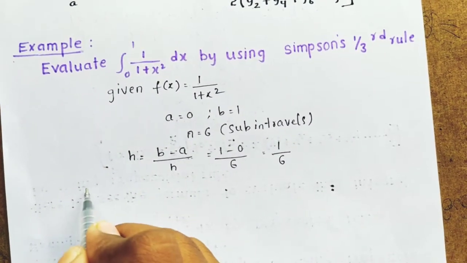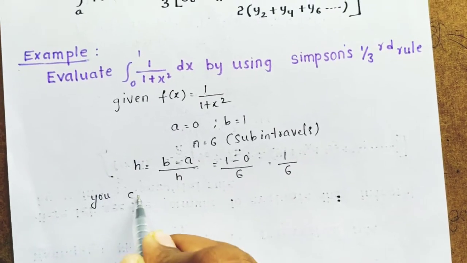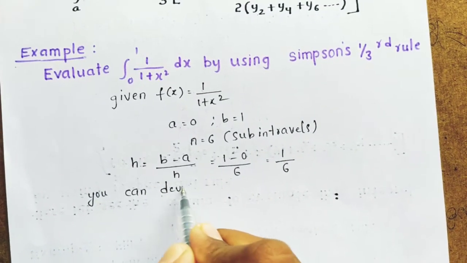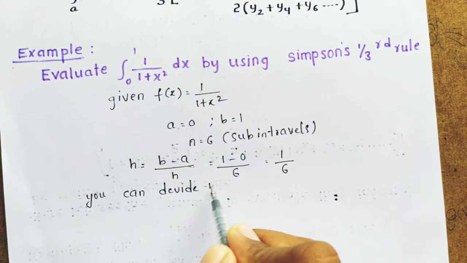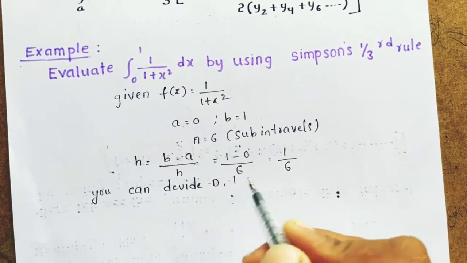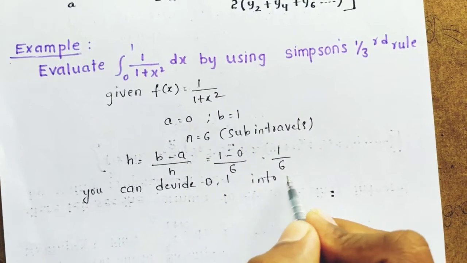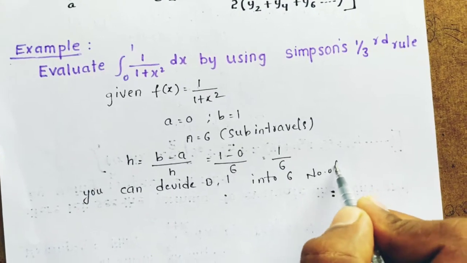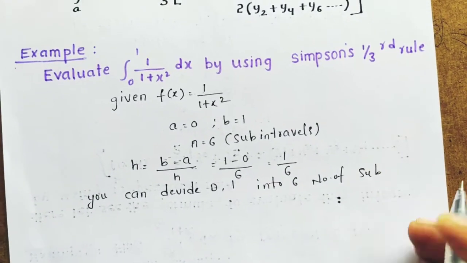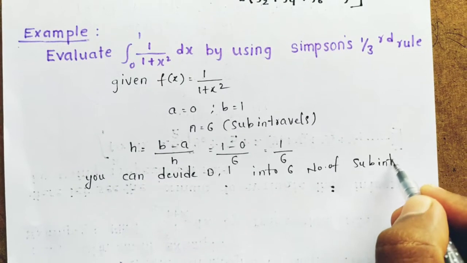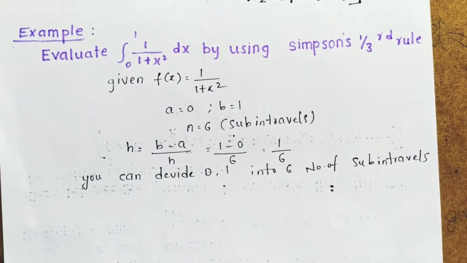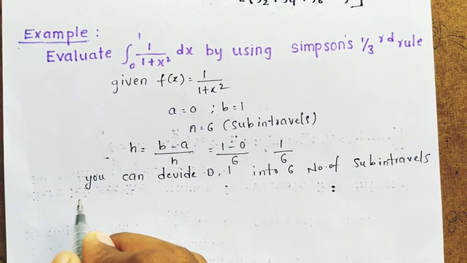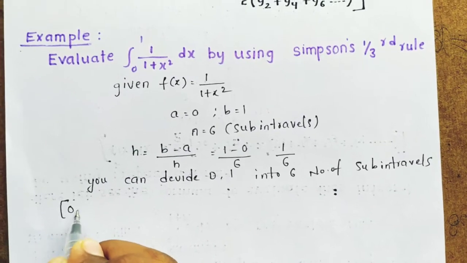So you can divide the interval 0 to 1 into 6 subintervals.